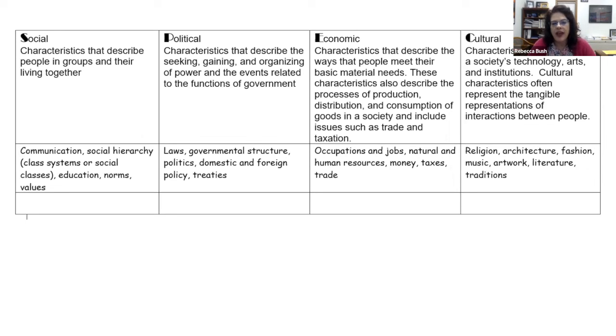And so it was a way of explaining, you could use each of these SPEC categories or characteristics, and you could organize your paragraph or your essay around each of those.